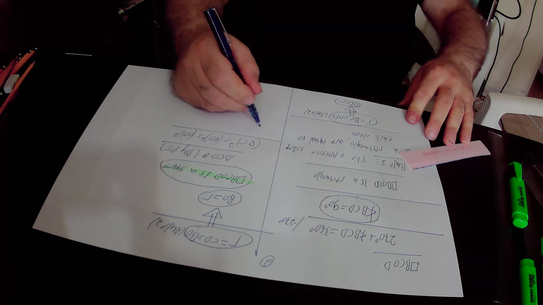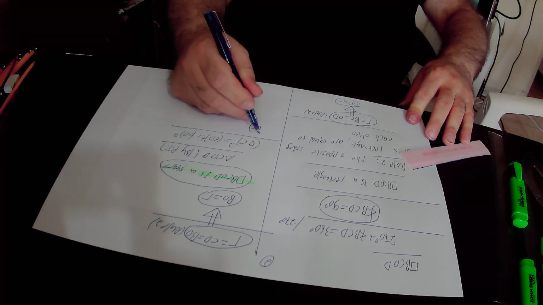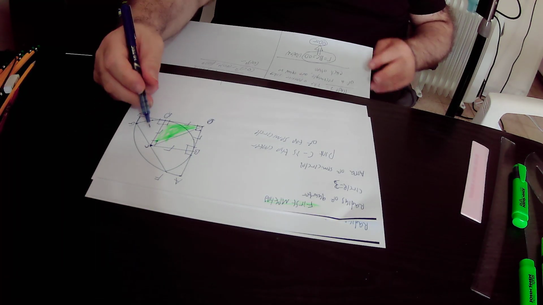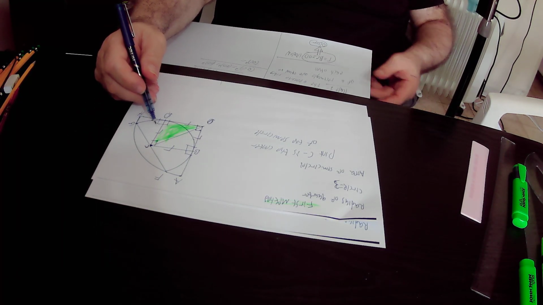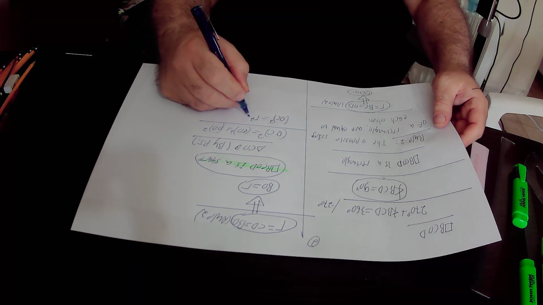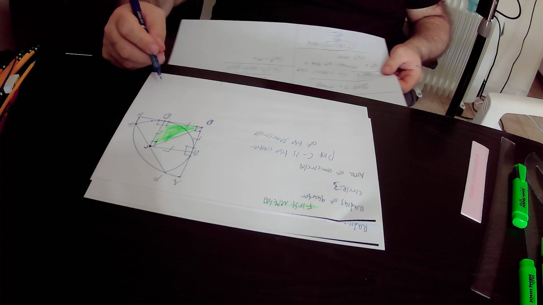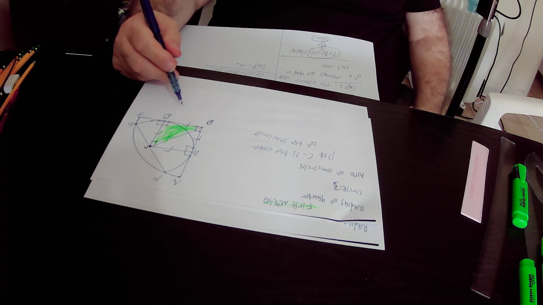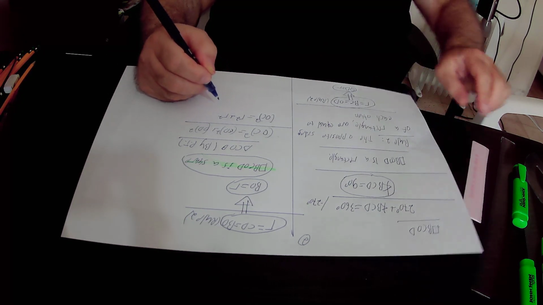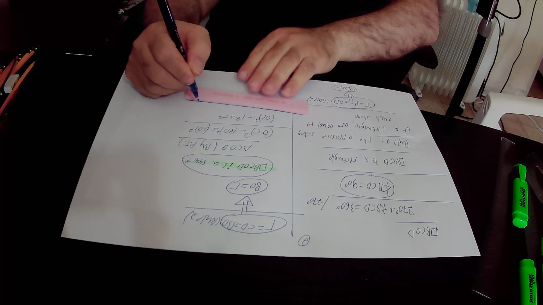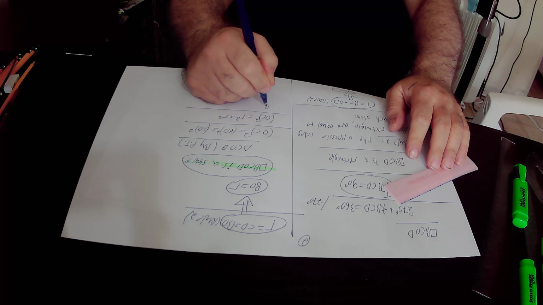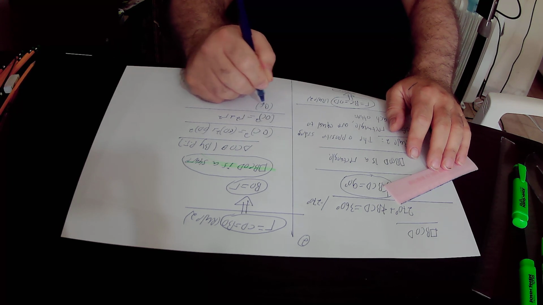OC is the missing variable, so OC square we will leave as it is, and it is equal to CD square. CD equals R, so CD square will be equal to R square, plus OD square. OD equals R, so OD square will also be equal to R square. So in conclusion, we found out that OC square, the diagonal of the square, is equal to R square plus R square, that is 2R square.